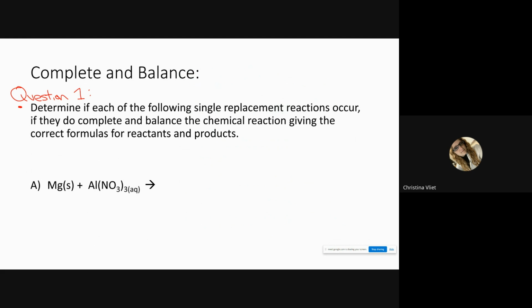And so following the method that we learned last class, only once we predict that it's going to happen, then we'll start working through these steps. So my first question is, does this happen? Before we even start working through the steps. I'll give some time for you to write it down. And we'll address it.